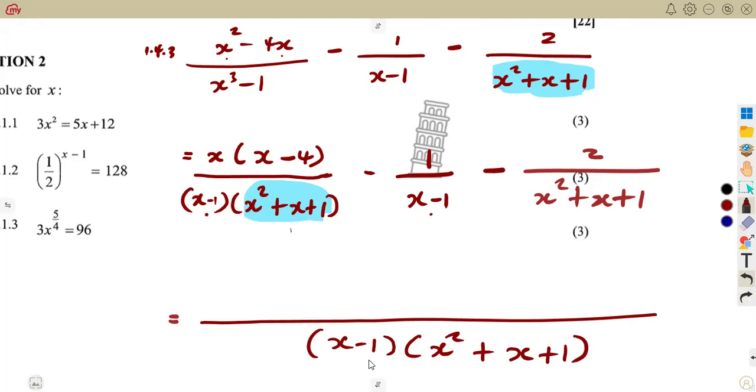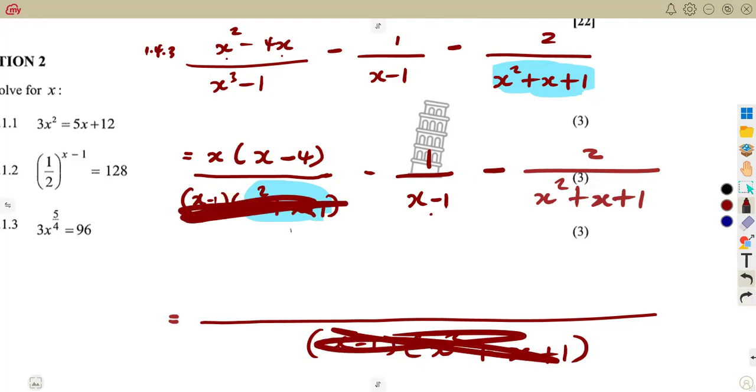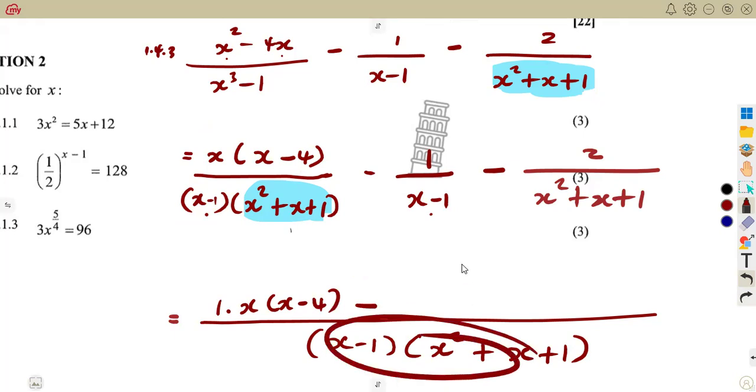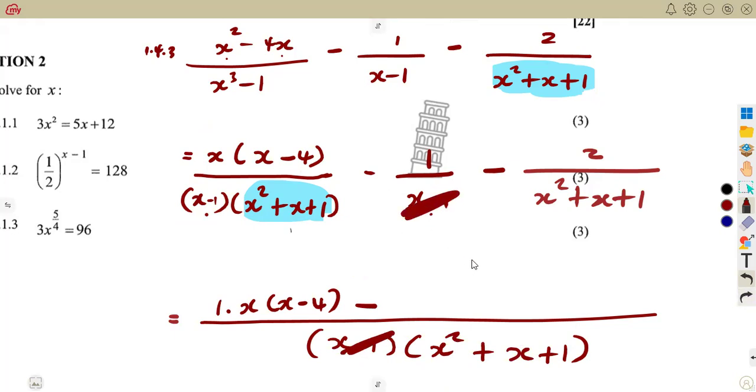All right, so let's divide. This into this, it cancels. This one as it is here, it cancels. So you're going to get a 1, so that's 1 times the numerator as it is. Minus, you divide this one to this one. As you can see, the x minus 1 and the x minus 1 cancel.